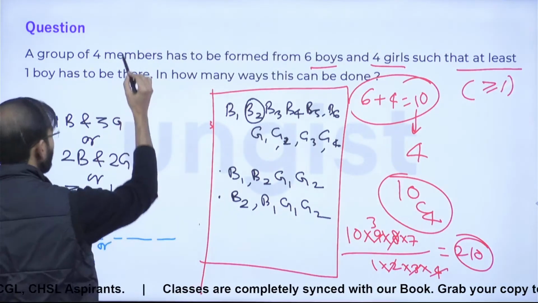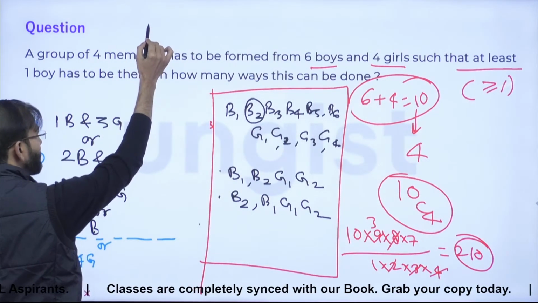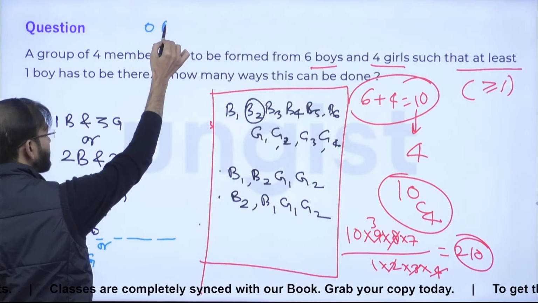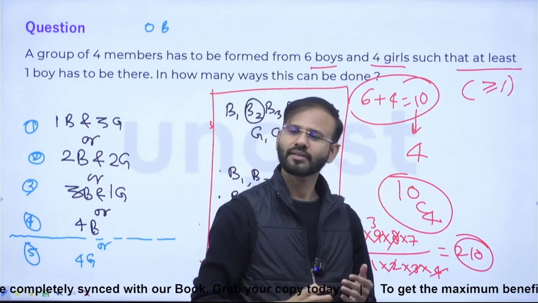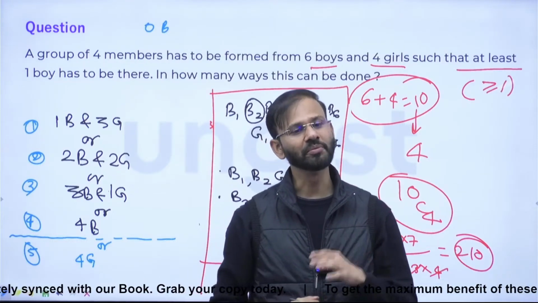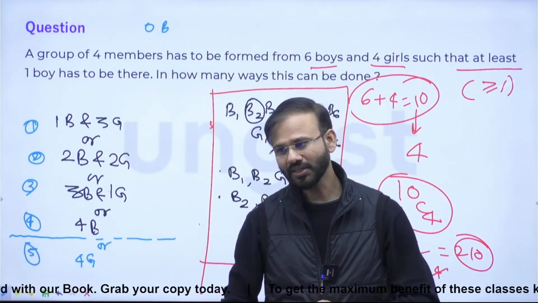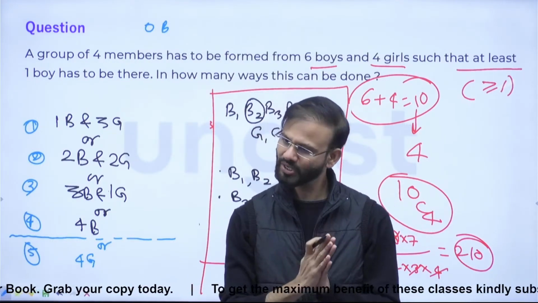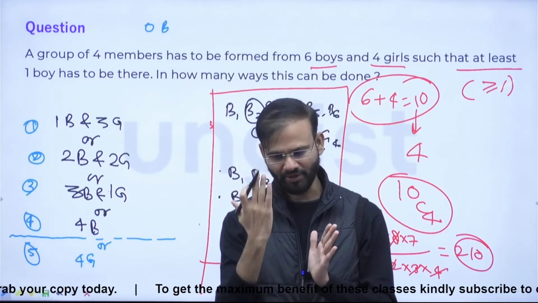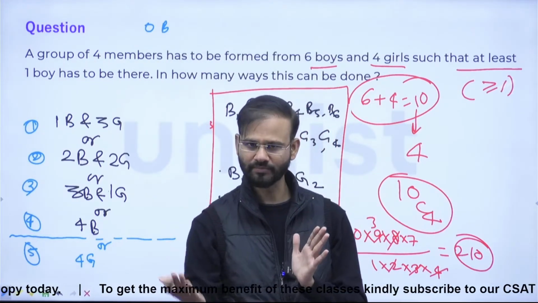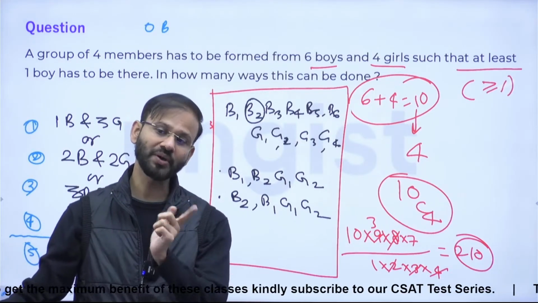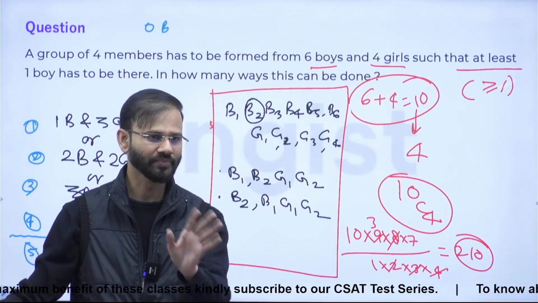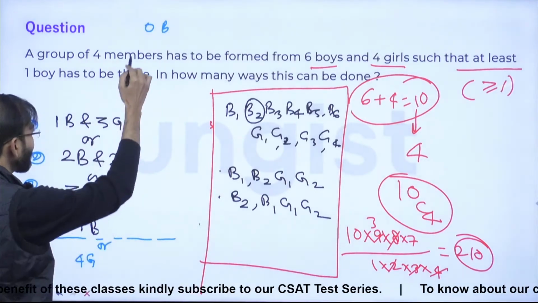Tell me one thing. If you have randomly selected 4 members out of 10 members, then what are the possibilities? It can be 0 boys, all girls. It can be 1 boy, 3 girls. It can be 2 boys, 2 girls. It can be 3 boys, 1 girl, or it can be all 4 boys, right? So I'm just writing it here, guys.